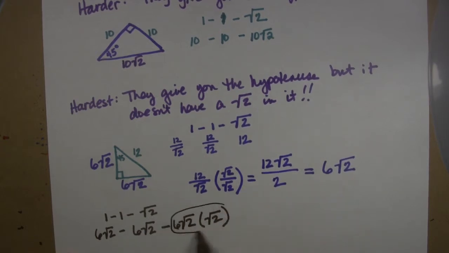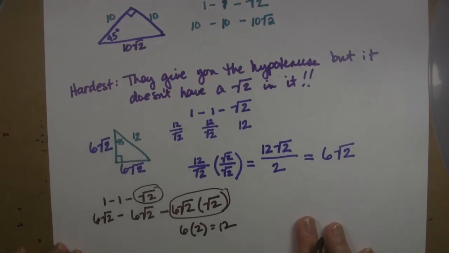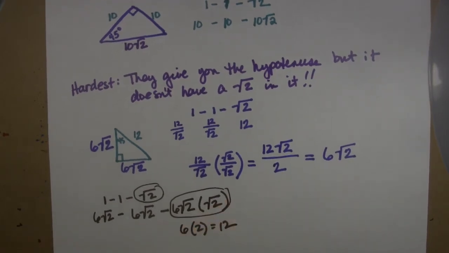This is going to be my hypotenuse length. Well, root 2 times root 2 is 2, so we have 6 times 2, which is 12, which is what we have right there. So you can see how it all kind of comes together.